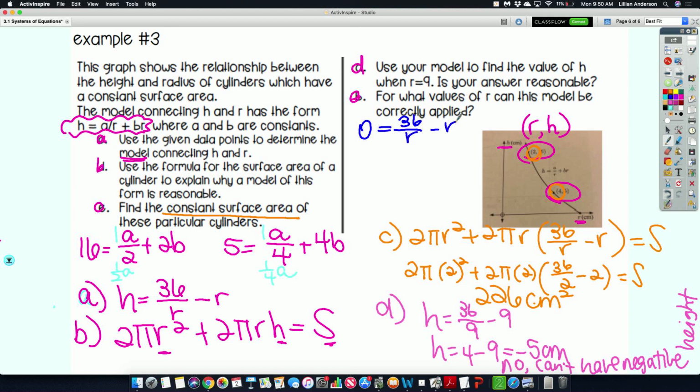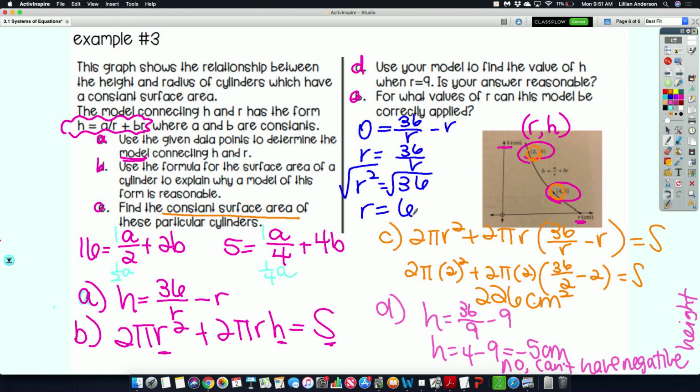Now, those who use the graphing feature, you didn't have to use it. You could have added R to both sides, then multiplied by R, then taken the square root. And the square root of 36 is 6. Okay? We know we can't have a radius of 0 because that also makes no sense.